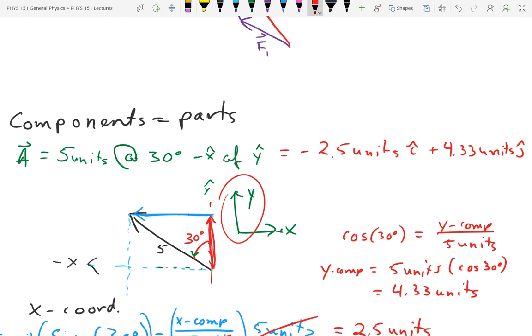Add up the components mathematically. Or, it's the square root of x squared plus y squared. Yeah, the Pythagorean theorem. The x component squared plus the y component squared is equal to the resultant squared. So we use the Pythagorean theorem if we want to get the magnitude from the two components.